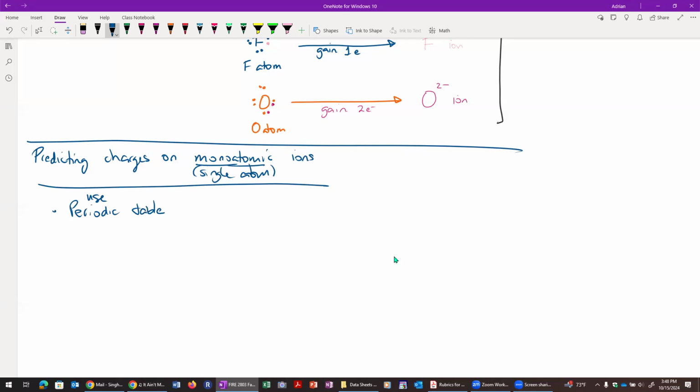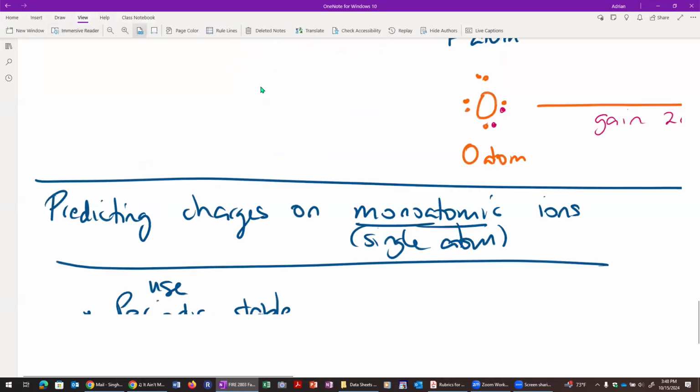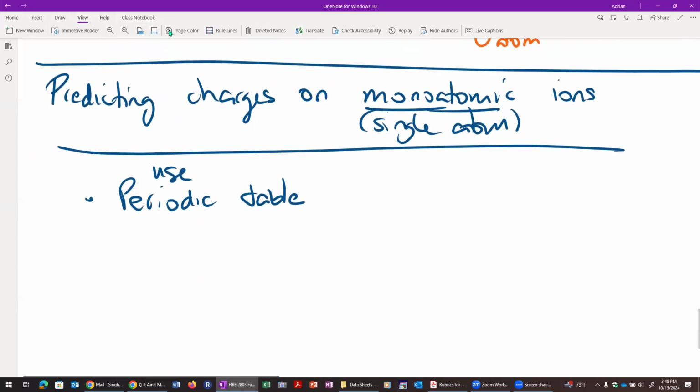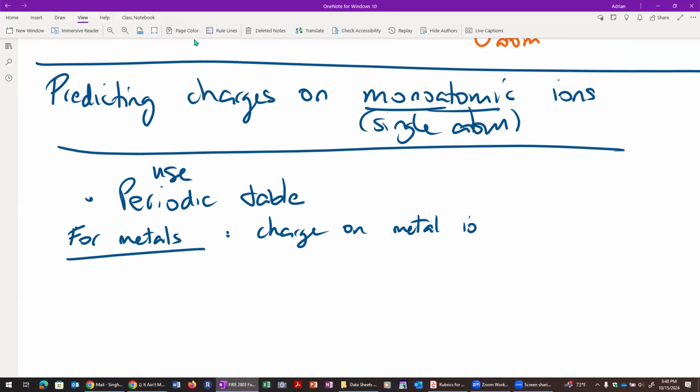Again, the periodic table is going to be very beneficial in a whole host of situations. This is just another example of it. So zoom in. We're going to use the periodic table to do this. So for metals, the charge on the metal ion is simply equal to the group number.